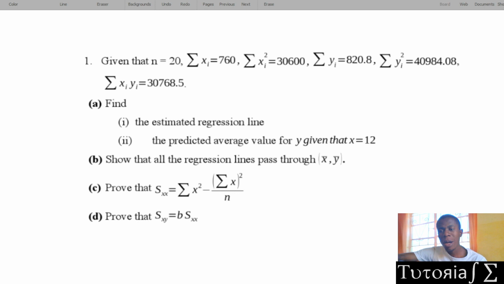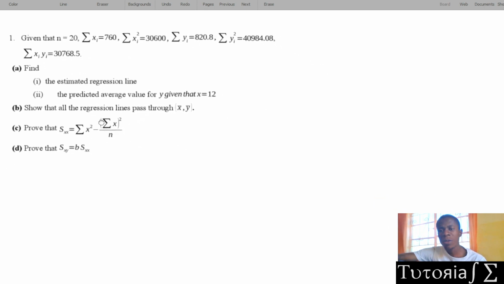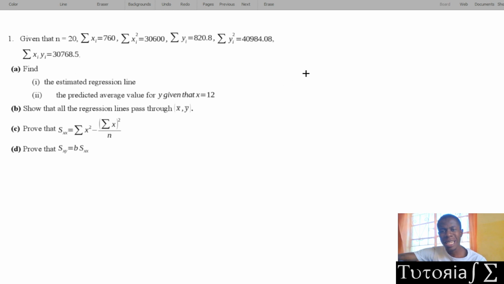So what you should know about regression lines is that there are two of them. There is the regression line for y on x, where y is dependent on x, and there is a regression line for x depends on y.